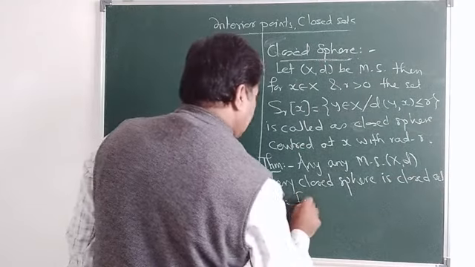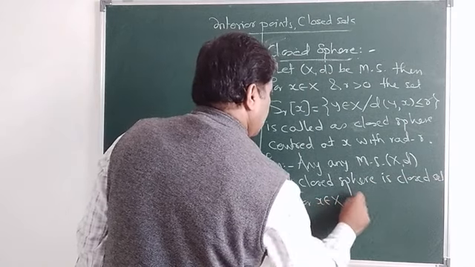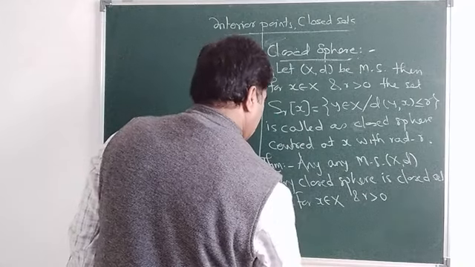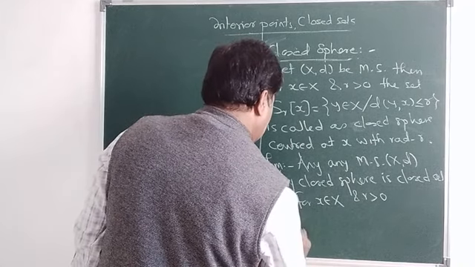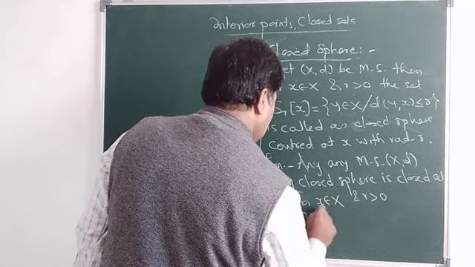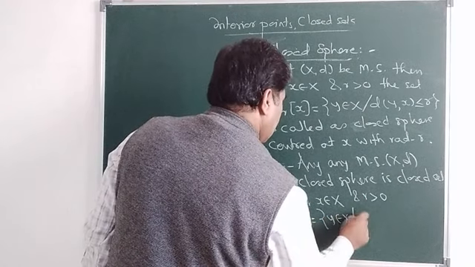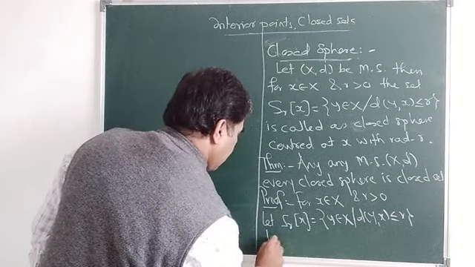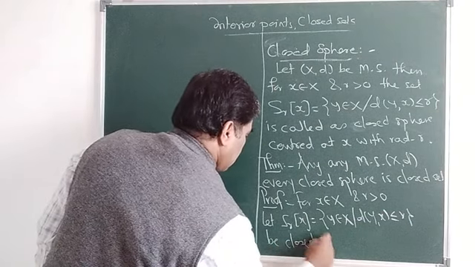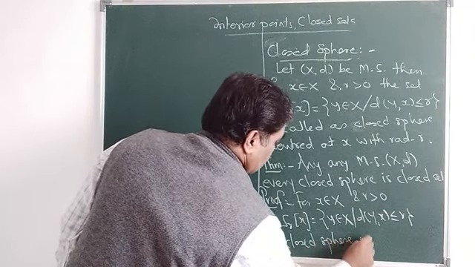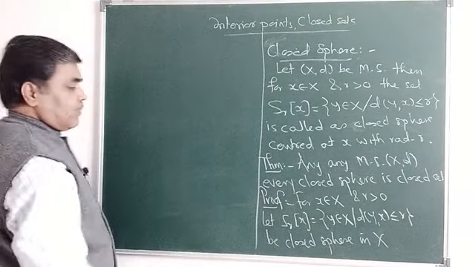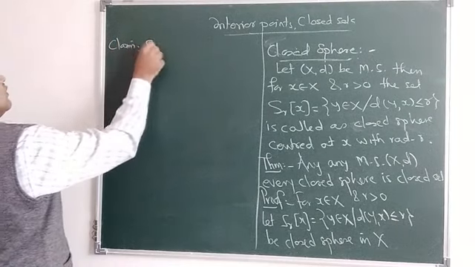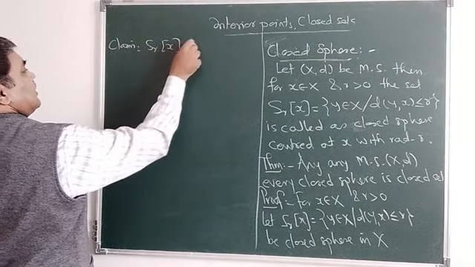So for x belongs to X and r greater than 0, let S_r[x] equal y belongs to X such that d(y, x) less than or equal to r be the closed sphere in X. What is our claim? S_r[x] is a closed set.